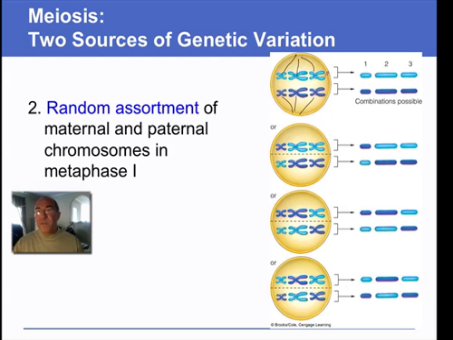So maybe all the paternal chromosomes are going up and all the maternal chromosomes are going down. But that's purely just a random combination. We could easily swap the positions of this first chromosome, or we could swap the positions of the first and second chromosomes, or just the second chromosomes, all of which, at the end of meiosis, will give you different combinations of maternal and paternal chromosomes.